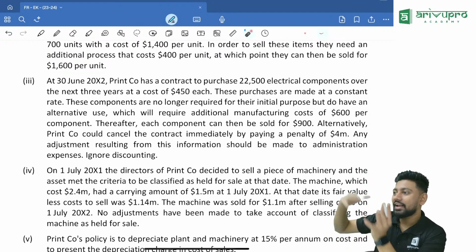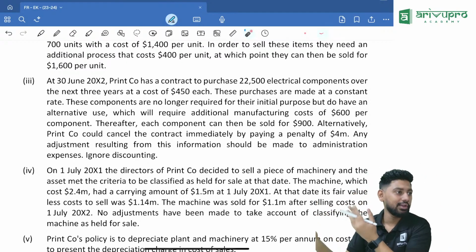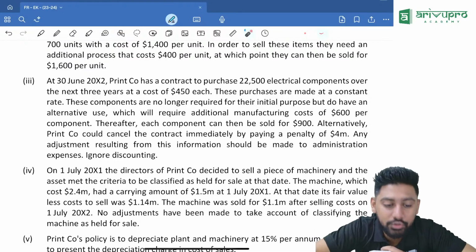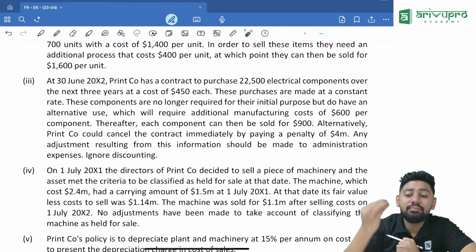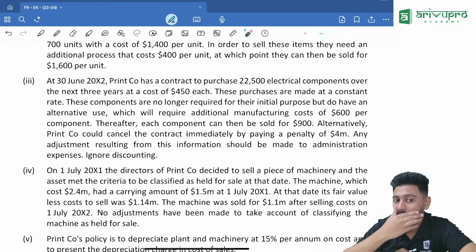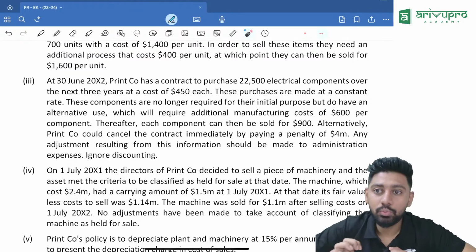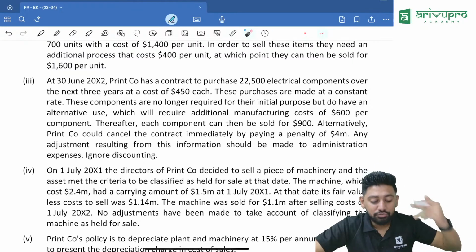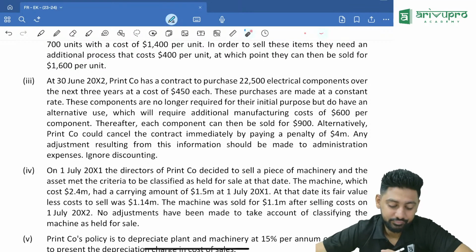By keeping them, you can use them for something else, an alternative use, which will require an additional manufacturing cost of 600 per component. So if you are going to use them for something alternative, there will be an additional cost of how much? 600. Are we clear?